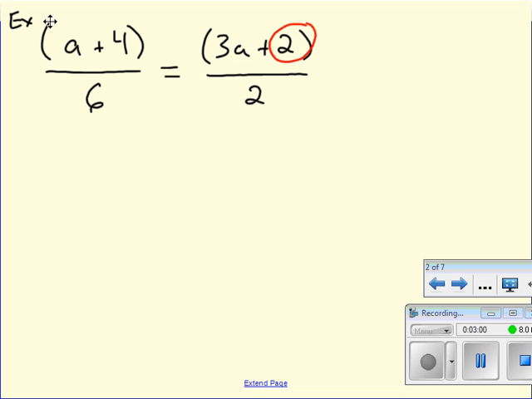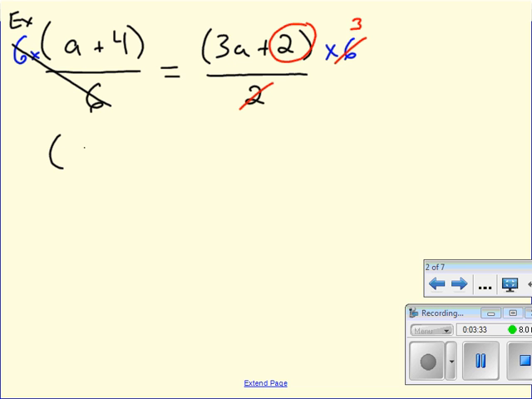So we'll start with the left side first. I'm going to multiply this side by 6. So as soon as I do that, 6 over 6 cancels out to 1. But if you notice, I can also divide 6 by 2, which gets rid of the 2. 6 over 2 is equal to 3.